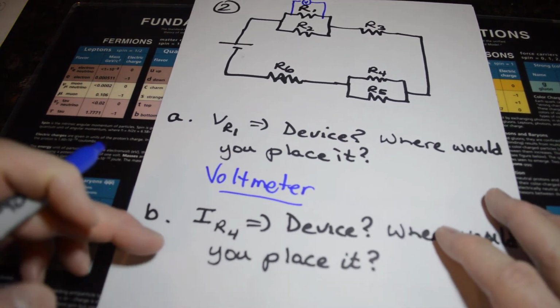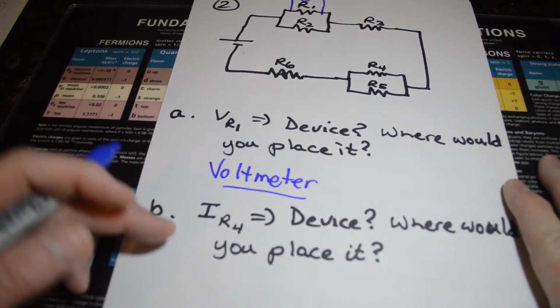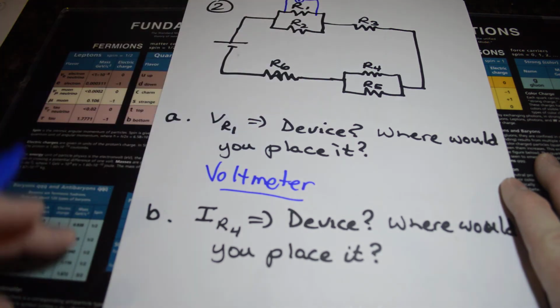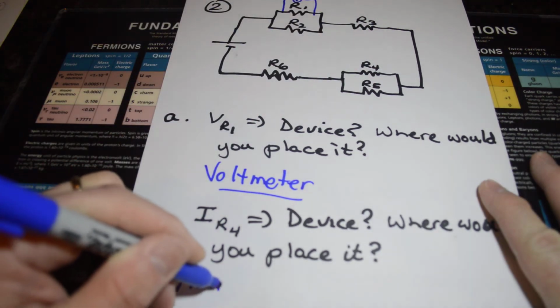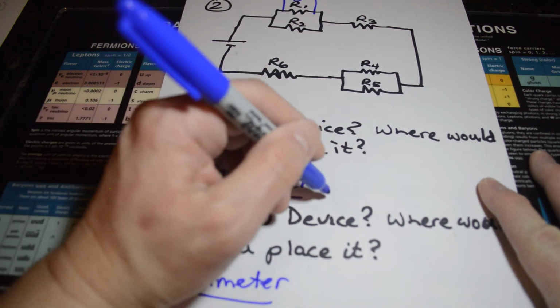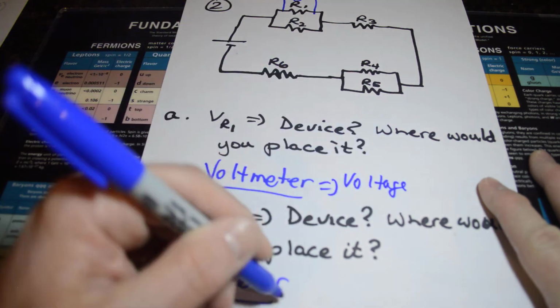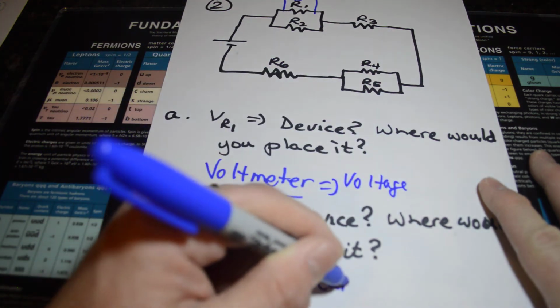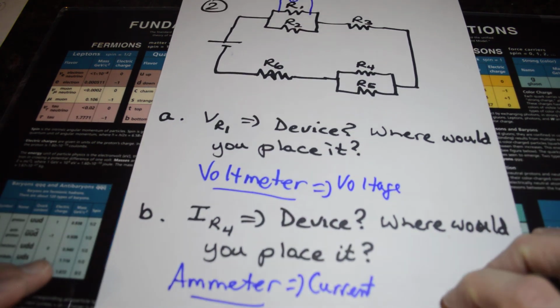They do the same question, but they ask what would be the device you would use and where would you place it if you wanted to find the current through R4. The device that you're going to use, we're going to call an ammeter. That measures current. Whereas the voltmeter measures voltage, the ammeter measures current. Probably aware of that, but it's good to at least state it.